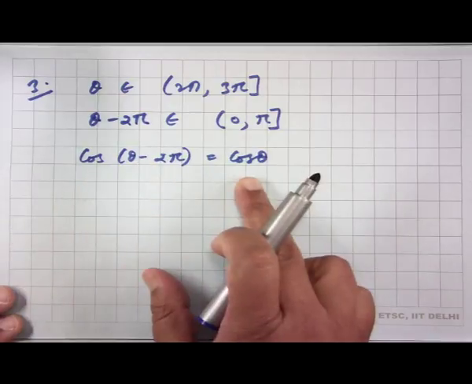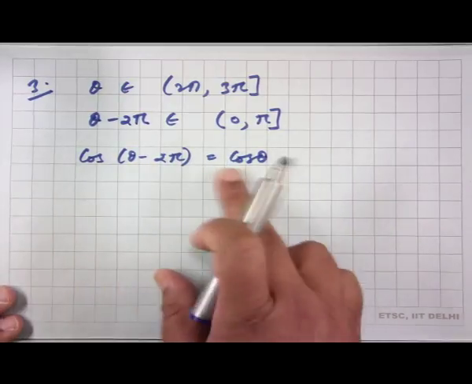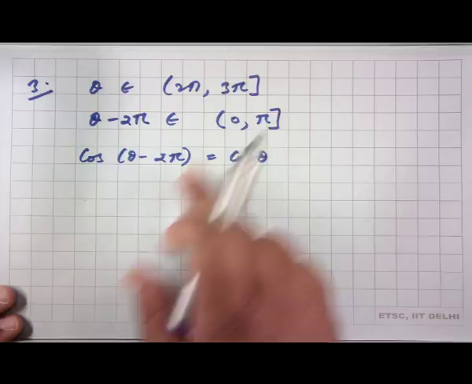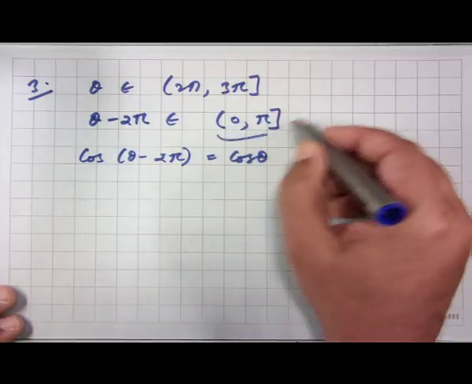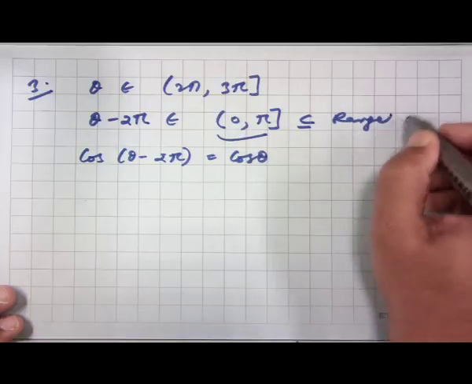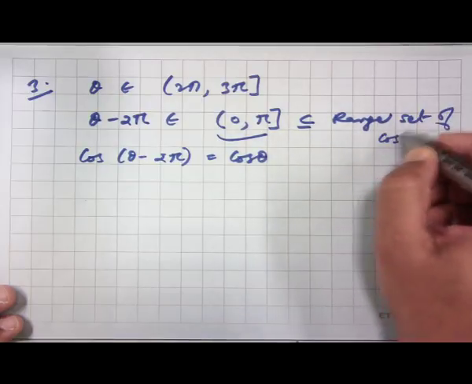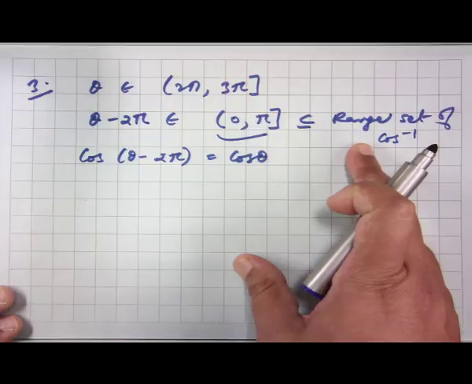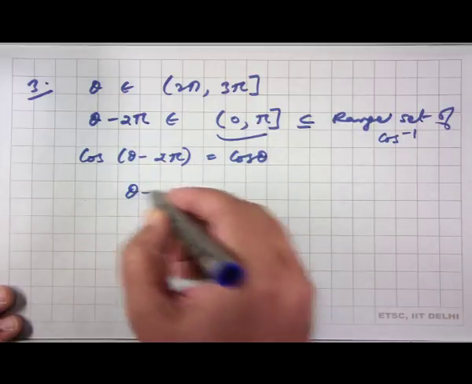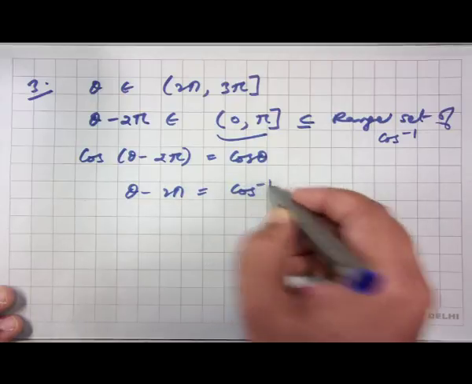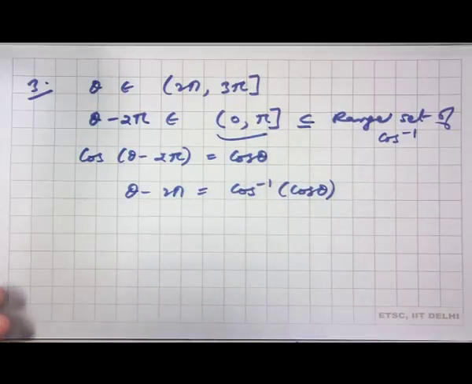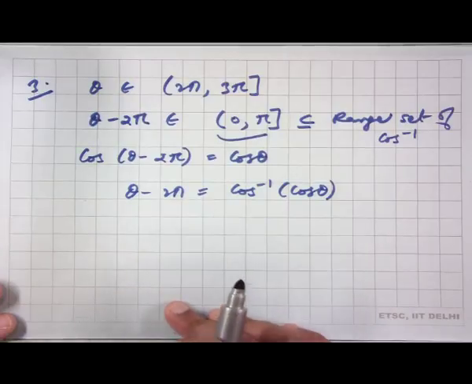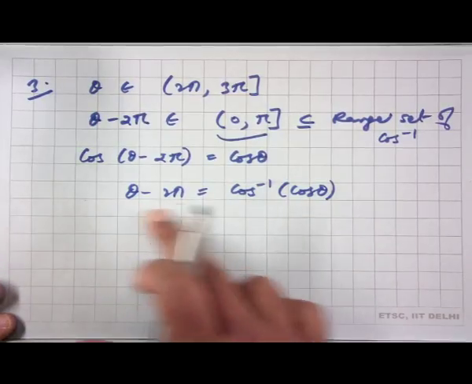Again we have a similar situation: this angle belongs to the range set of cos inverse, because this interval is a subset of the range set. Therefore, theta minus 2 pi equals cos inverse of cos theta, so for theta in 2 pi to 3 pi, cos inverse of cos theta will be theta minus 2 pi.